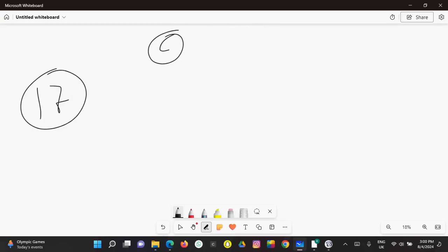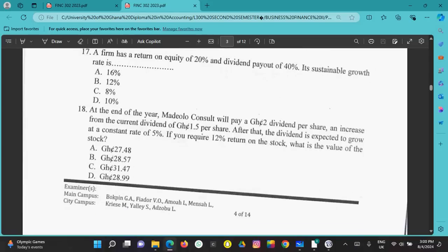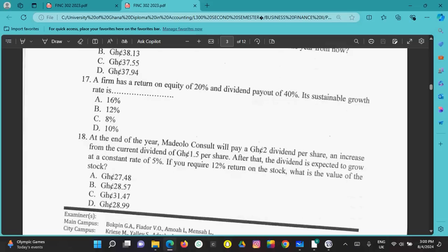At the end, a firm has a return on equity of 20% and the dividend payout of 40%. Its sustainable growth rate is, so remember, sustainable growth rate is equal to the return on equity, or the R, times the retention ratio.